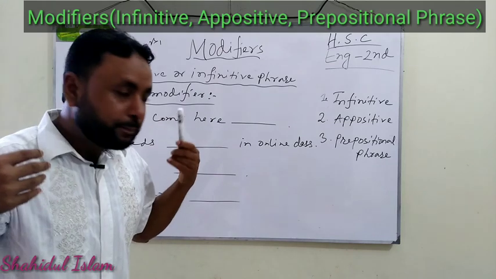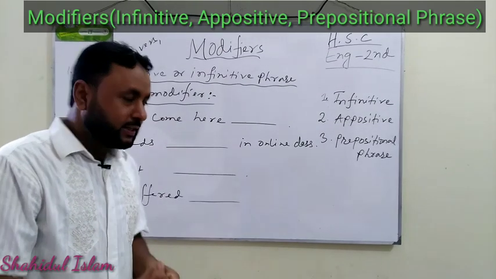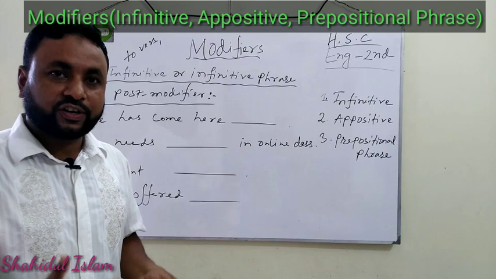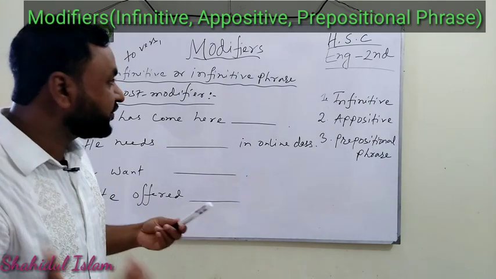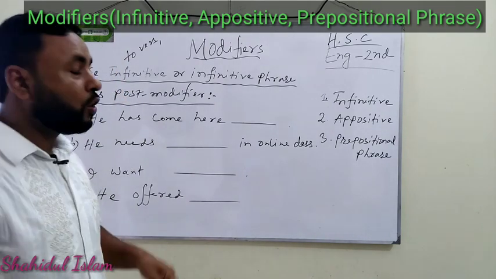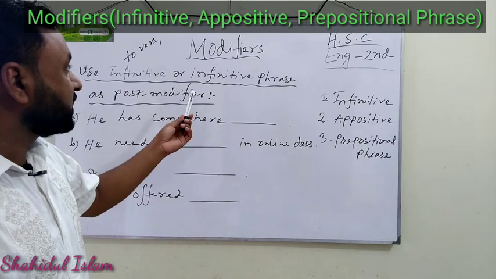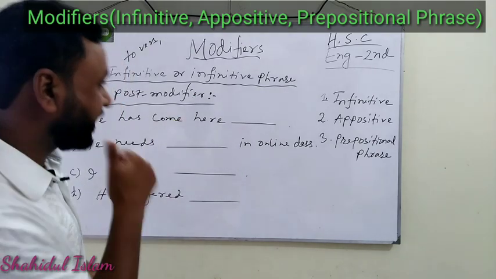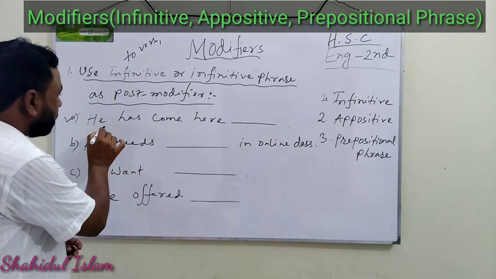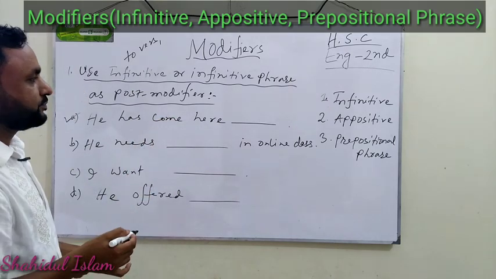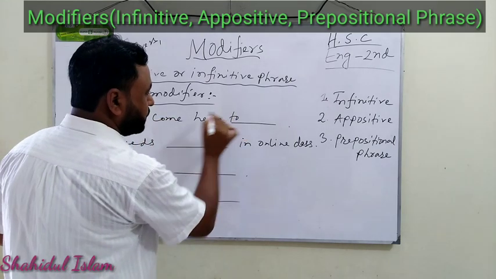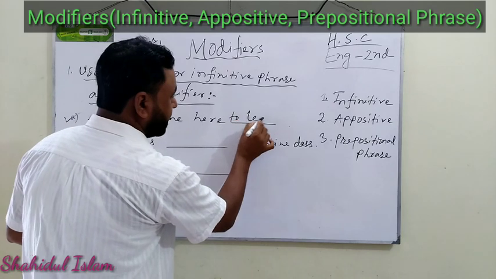We will be clear together how we can identify and how we can fill in with an infinitive or an infinitive phrase. Now, he has come here, of course, to learn.